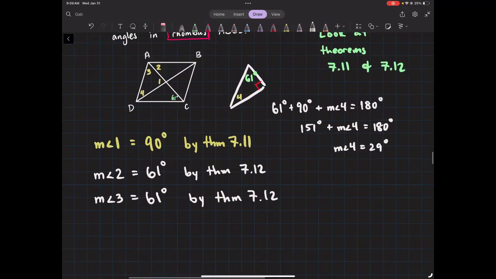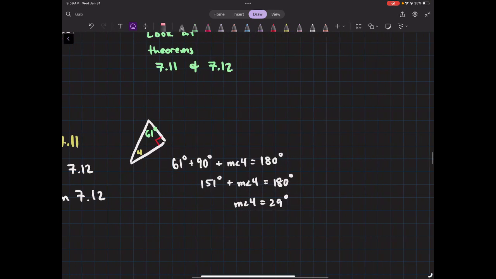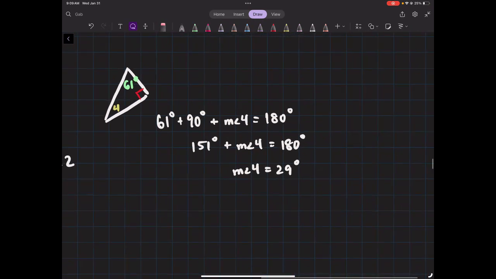And that's how you find measure angle 4. If you notice that I'm not putting a theorem, it's because I didn't really use a theorem. I just used the properties of a triangle. All the angles add up to 180 degrees.